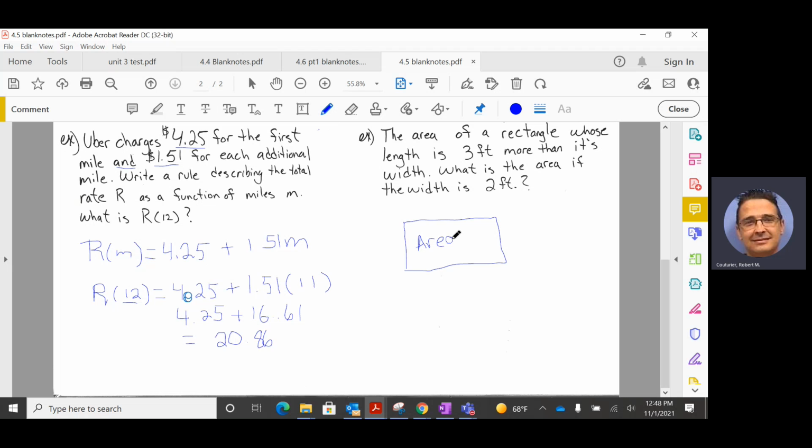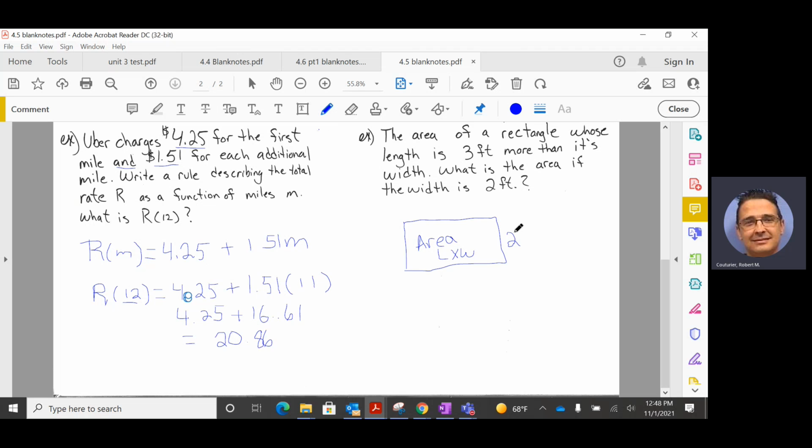Do you first off even remember that length times width gives you area? It says the area of a rectangle whose length is 3 more than its width, and its width was 2 feet.